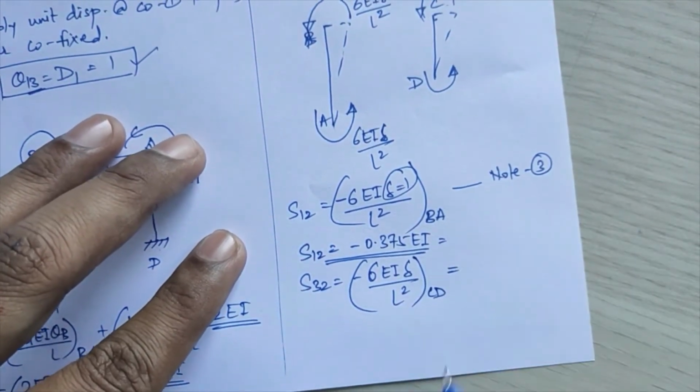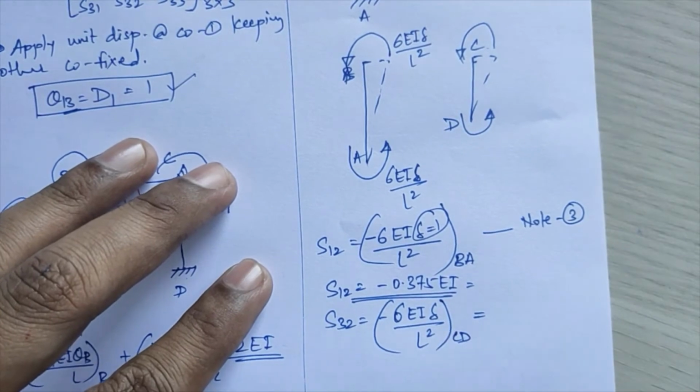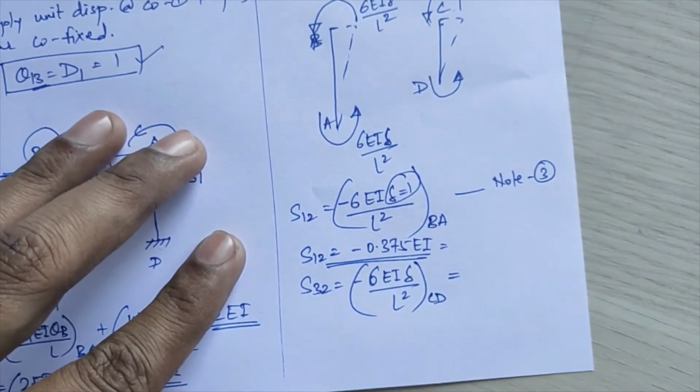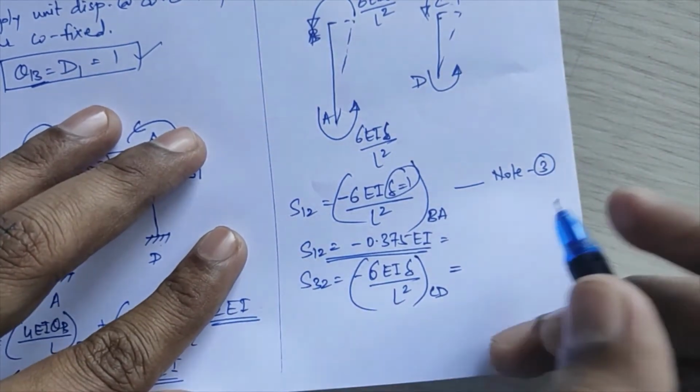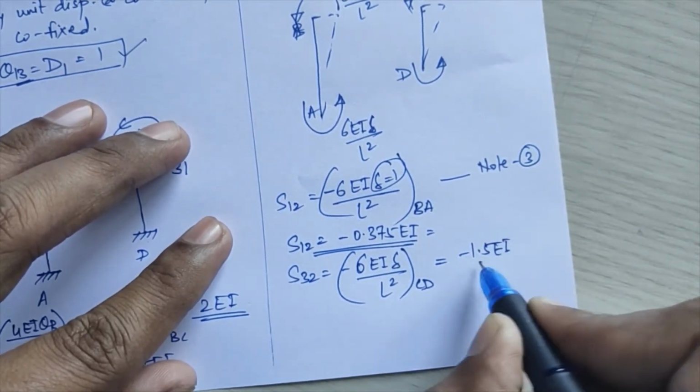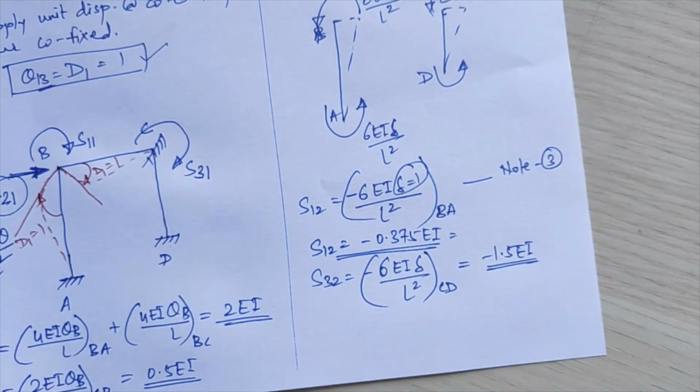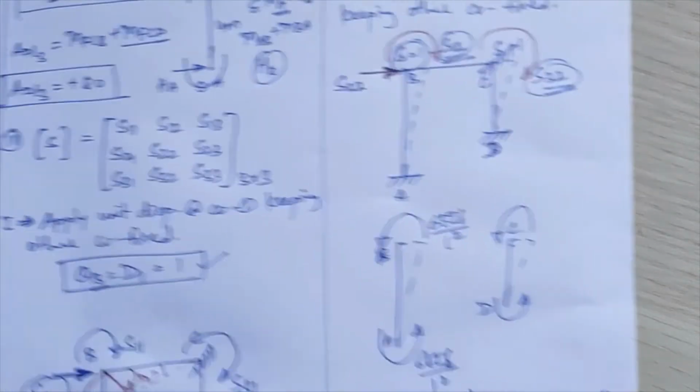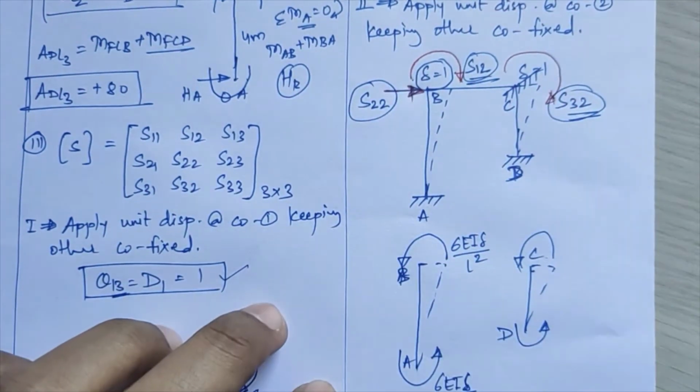The length of CD is 2 meters, so 6 divided by 2 square, I am getting S of 3,2 as minus 1.5 EI.